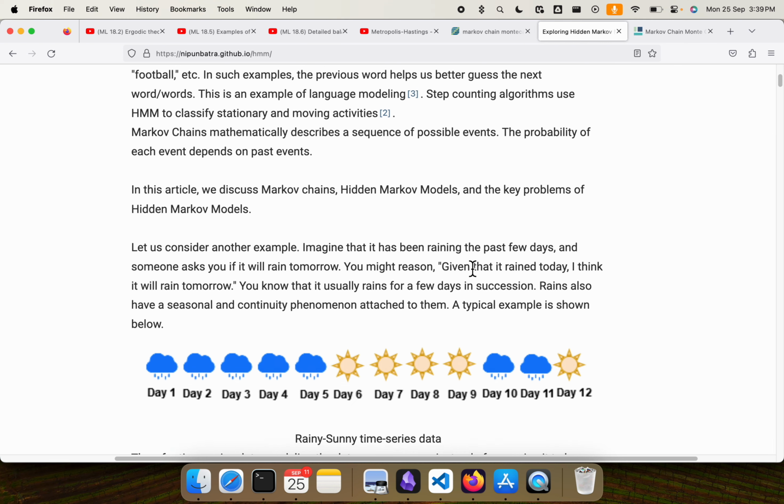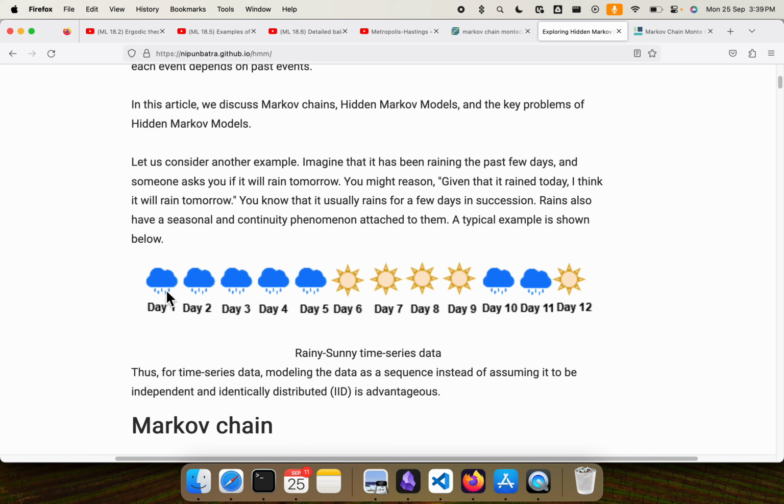So whenever we have time series, we also have to make certain limiting assumptions. One of those assumptions is known as a Markov chain. If we look at these different states, let's make a simplifying assumption that a day can only have two states. It could either be raining or it could be sunny.